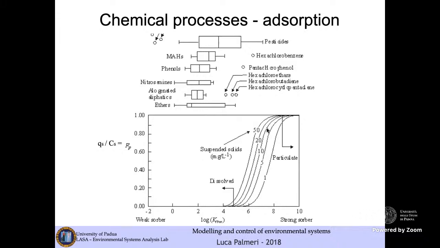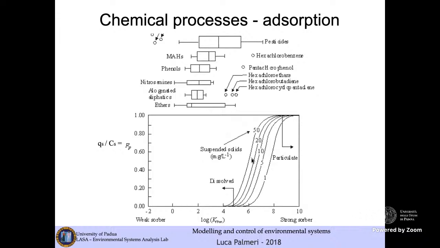Of course, these curves describe the relationship between the fraction of the particulate over the fraction of the liquid dissolved. So this relationship between the Fp and the log KOW depends on the quantity of suspended solids. The larger the quantity of suspended solids, the more quickly you will find the contaminant on the solid phase.